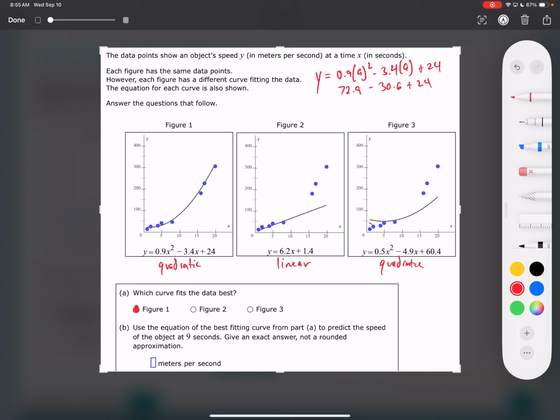So when you set up regression equations, you can use that to predict. If I predict the speed of the object in 9 seconds, this is kind of like the average of the points. So at 9 seconds, you can plug that in and figure out what the speed of it would be.